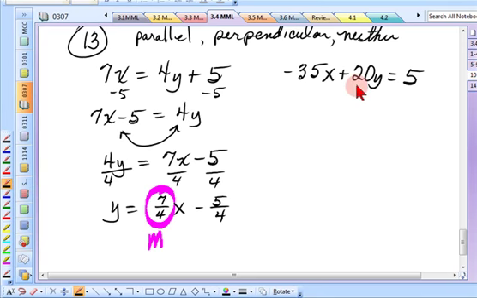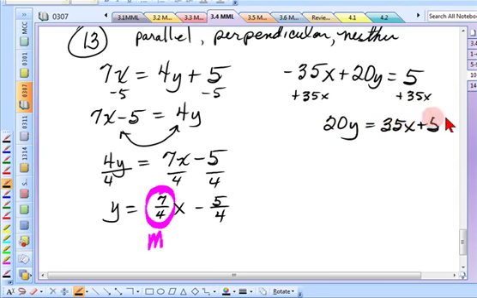Second equation, because this is a comparison problem. I want to add 35x to both sides. I get 20y is equal to 35x plus 5. Divide by 20.